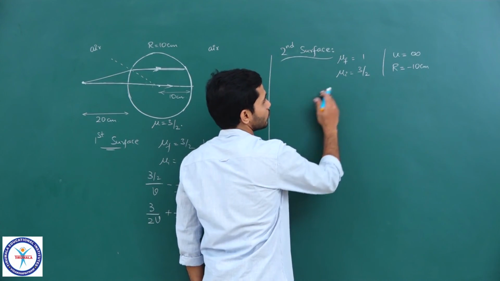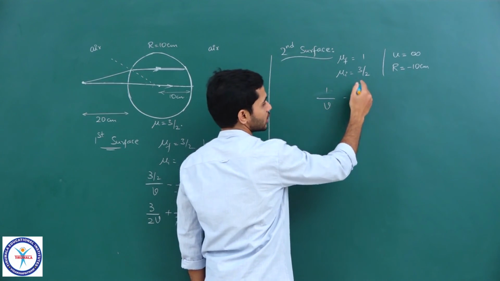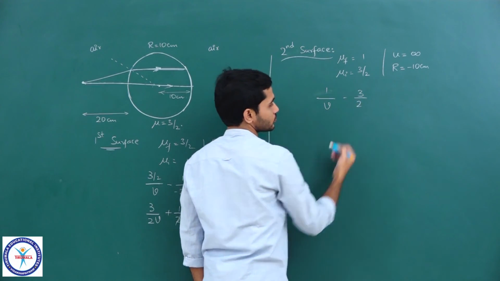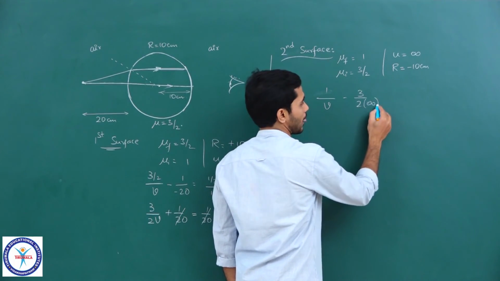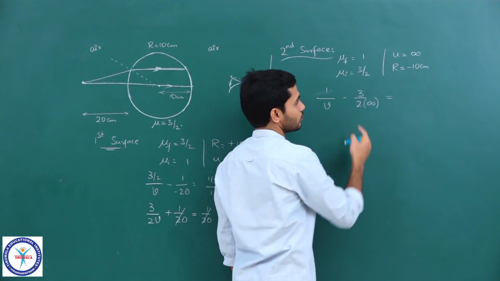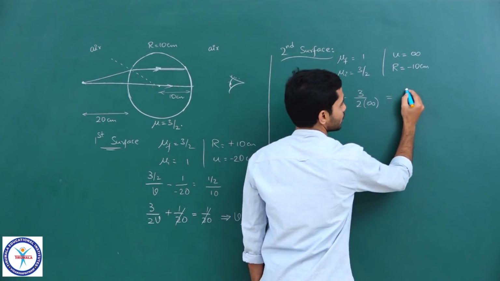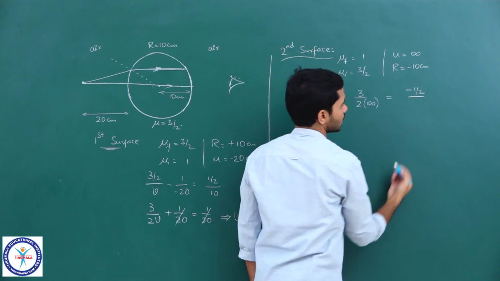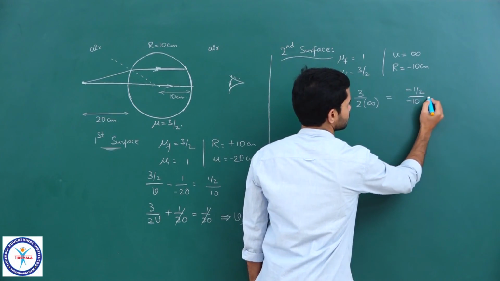Mu final is 1 by V minus mu initial is 3 by 2 by u is infinity, is equal to mu final minus mu initial, which is 1 minus 3 by 2, minus 1 by 2 by R is minus 10.